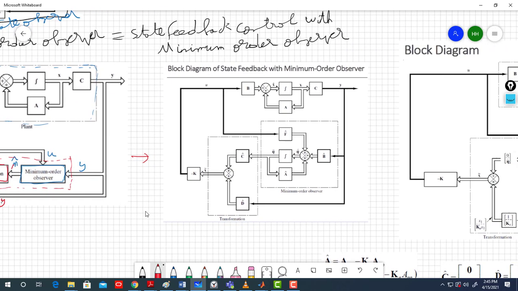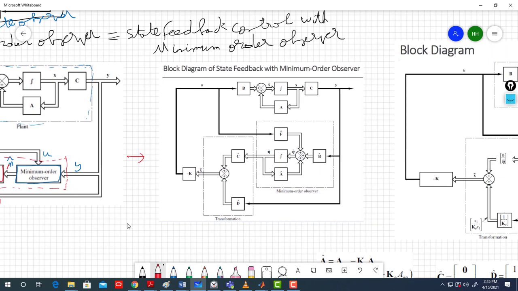Well, here you can see a block diagram of state feedback with minimum order observer, in which this block is the minimum order observer and the other block is the transformation. Well, we refer to this as the minimum order observer because if you look at A hat, so now not A tilde, I'm not talking about A tilde, I'm saying A hat.